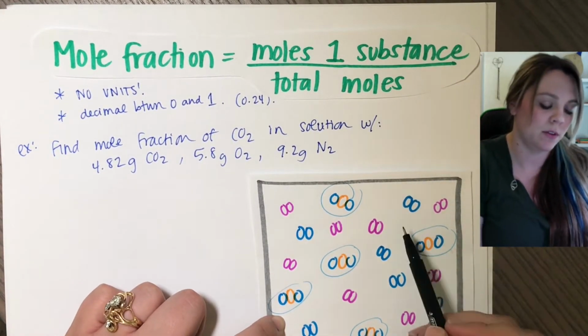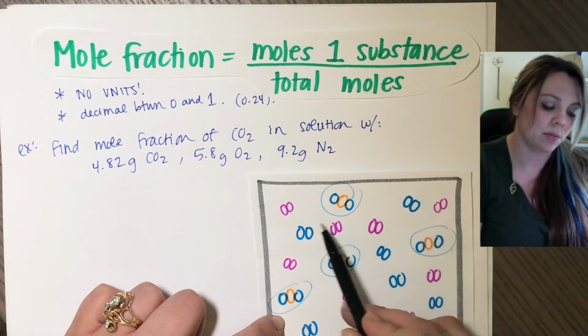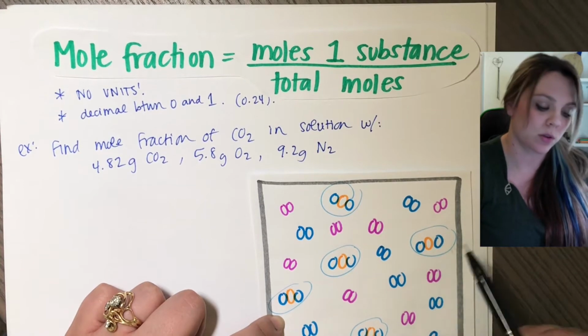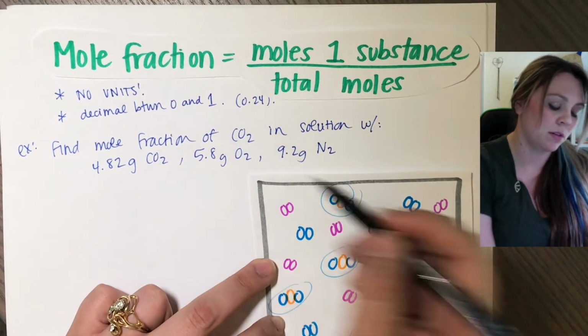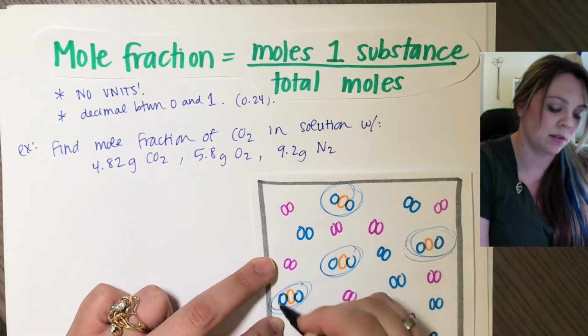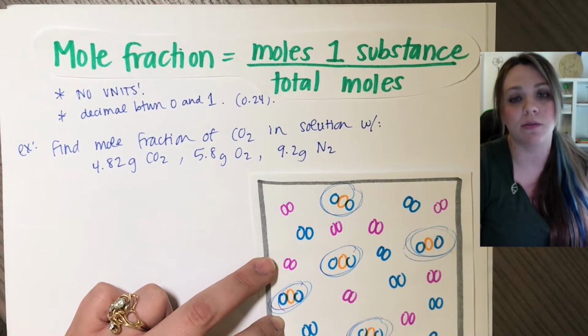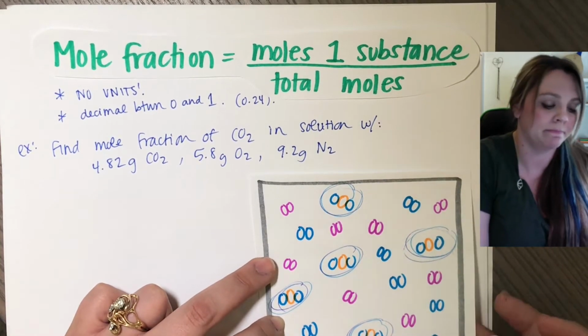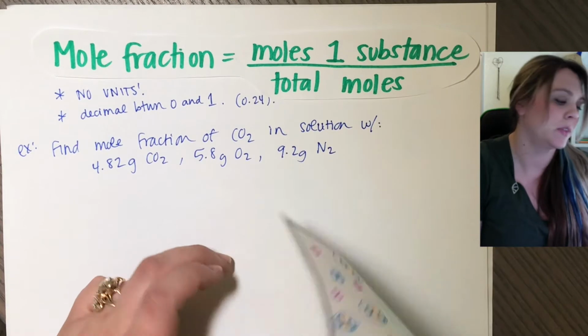So if you had your N2s, the pink ones, mixed in with some oxygens, the blue ones, some O2s, mixed in with your carbon dioxides. That would be 1 carbon and 2 oxygens. And I'm just trying to figure out what the mole fraction of my carbon dioxides is within that mixture. Easy, all right?